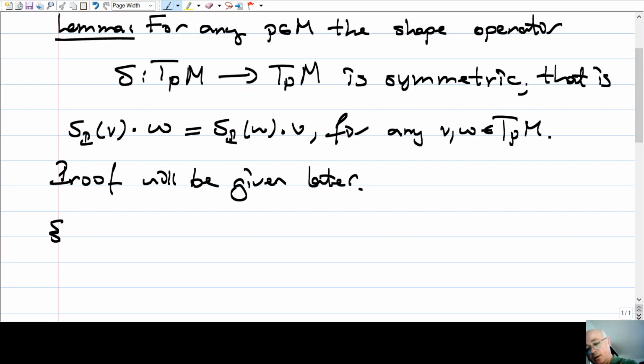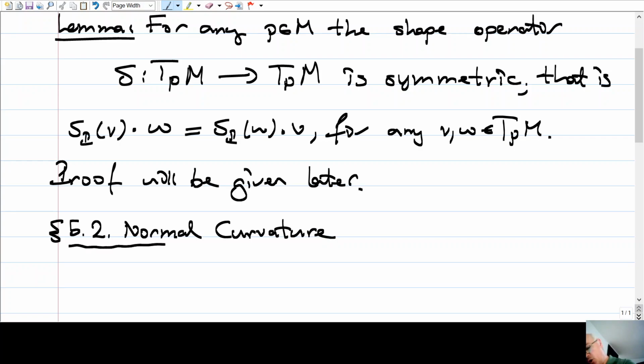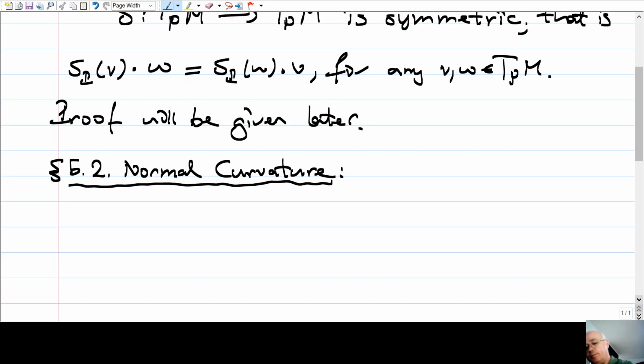So today our main topic is normal curvature. We know what the curvature of curves, space curves, is. This will be basically curvatures of curves on surfaces. All right.